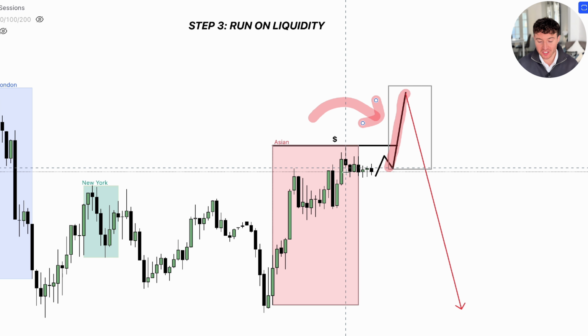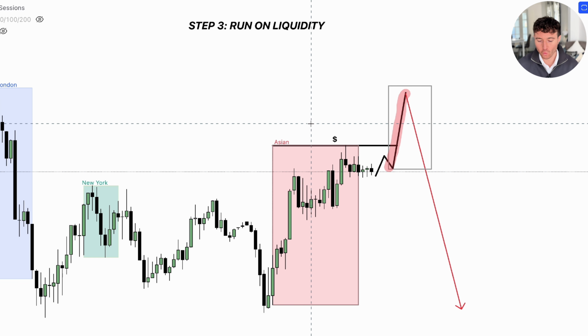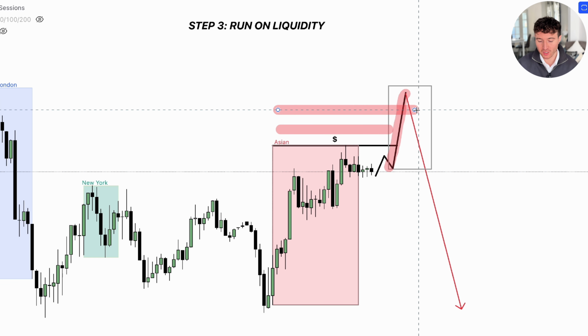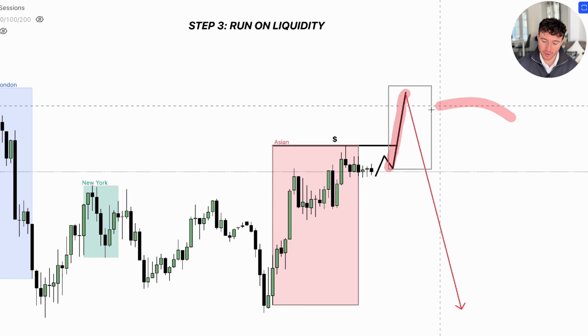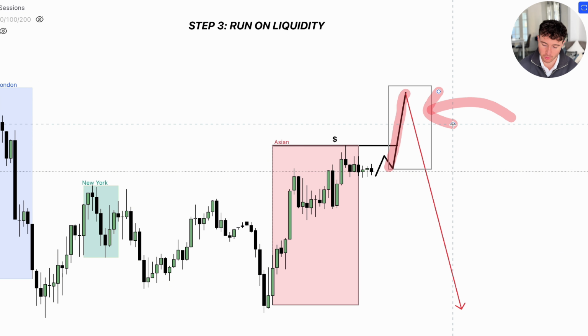Also, any early sellers from the Asian session, think logically about where their stop losses are going to be. And because we know that retail traders like to use tight stop losses, we understand their stop losses will simply be resting above the Asian high. So it's at this moment right here that will entice breakout traders who are blindly longing the market, not understanding context and not understanding directional bias.